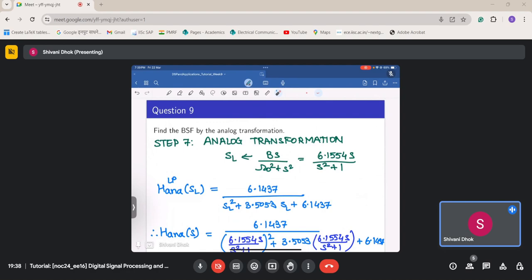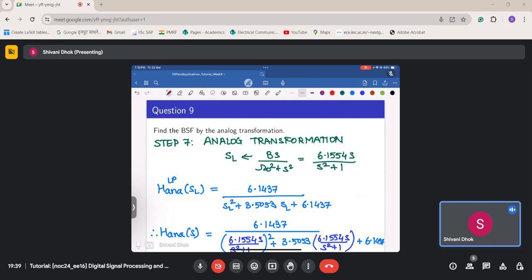So if I get n equal to 2, the band stop filter that I'll get at the end will be of order 2n. So if my n is equal to 2, the order of the final filter will be double of 2, that is 4. Whatever statement I made is true for both band stop and band pass filters, because in both cases we are having a second order transformation.